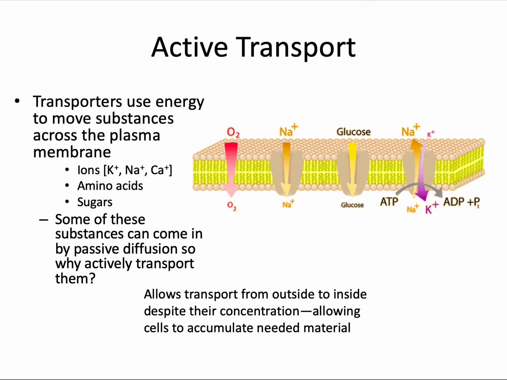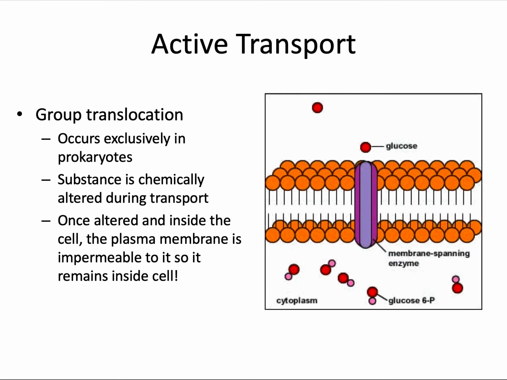There is what we call group translocation, and group translocation occurs exclusively in prokaryotes. So it's a type of active transport that occurs only in prokaryotes. And what happens is, it's very interesting that molecules are moved against concentration gradients, but however, the mechanism is such that when the molecule moves across the membrane, it's reconfigured.